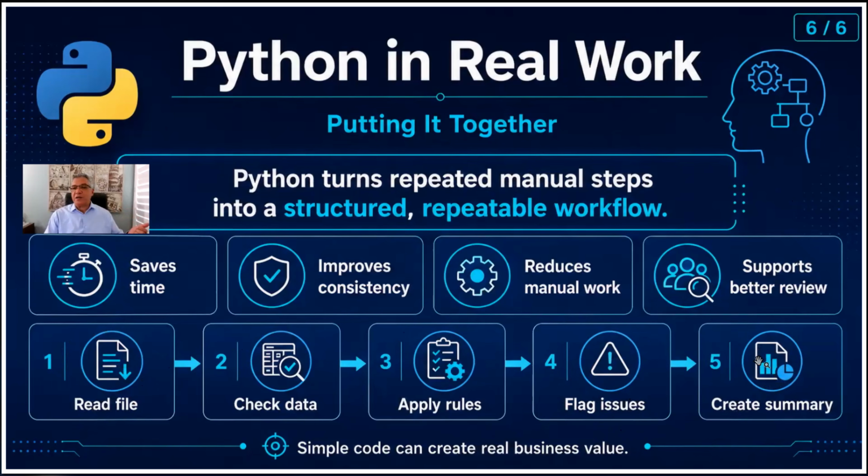So by using Python, you save time, and you improve consistency because you have the same systematic way that it goes through every single item, versus doing it manually, where one time you do it a certain way and another time a different way, or multiple people do it different ways. But with Python, it will be done exactly the same way.